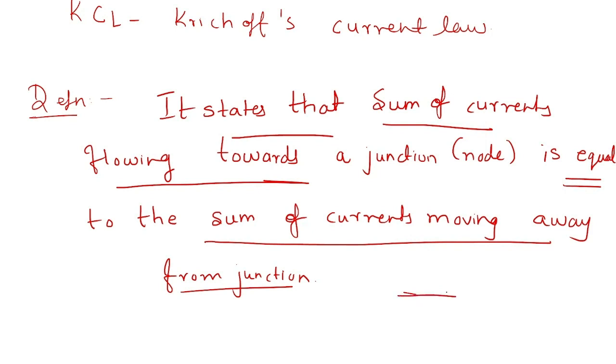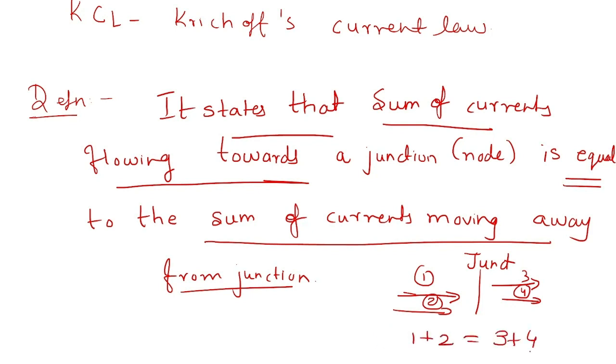For example, I have this junction, G, and I have current 1 and current 2 coming towards the junction, and there are some currents, 3 and 4, going away from the junction. So I can say 1 plus 2 is equal to 3 plus 4. As simple as that.